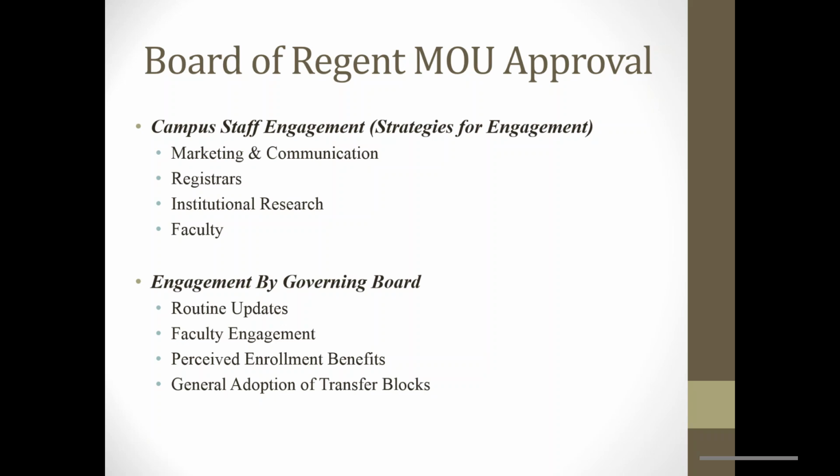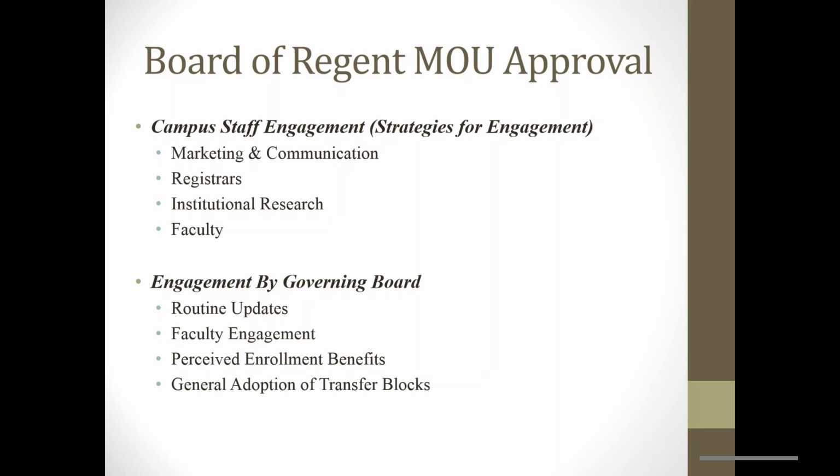I think what our board really recognized was some of the data that I presented earlier, in that we see some potential benefits here of growing our enrollment and having a process in place that really is student-centric, changing the way that we've normally tried to approach transfer.